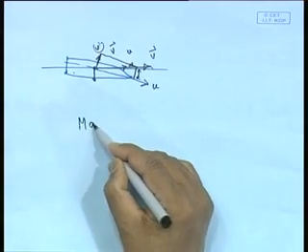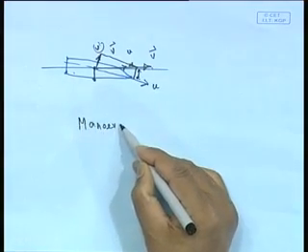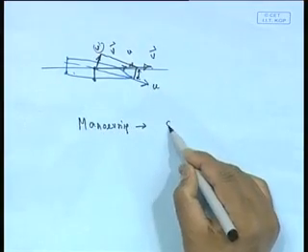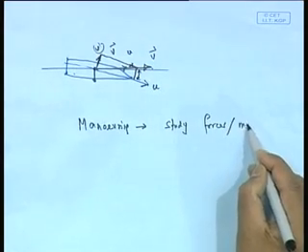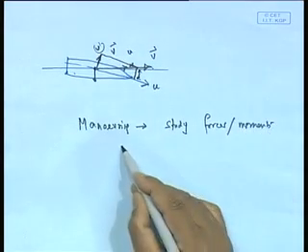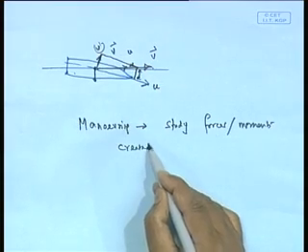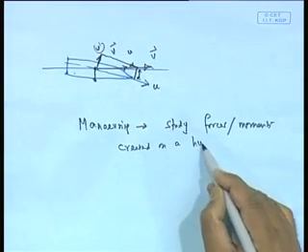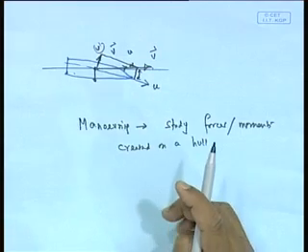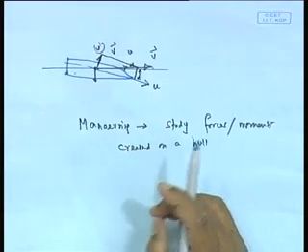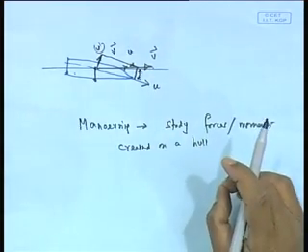In other words, the entire maneuvering, therefore, I need to study forces and moments created on a hull making a non-straight line motion, a motion which is not along its own x-axis.